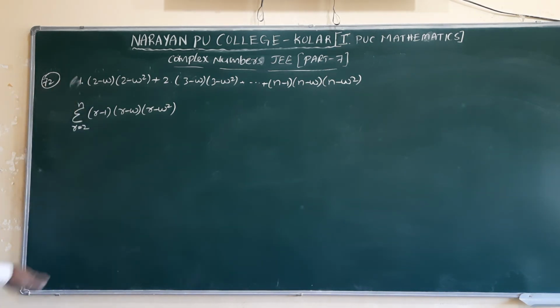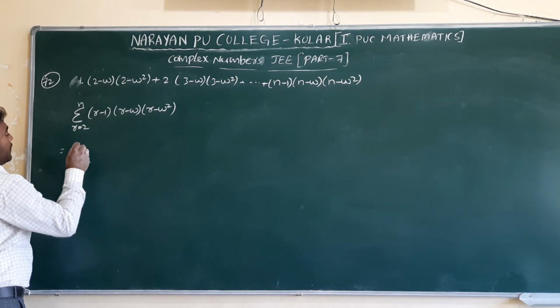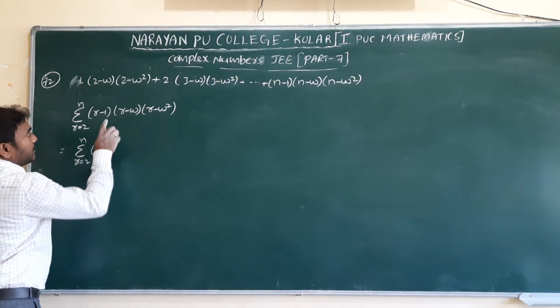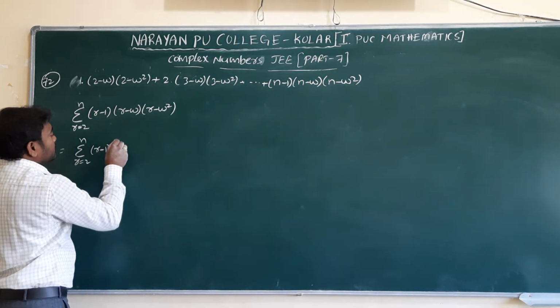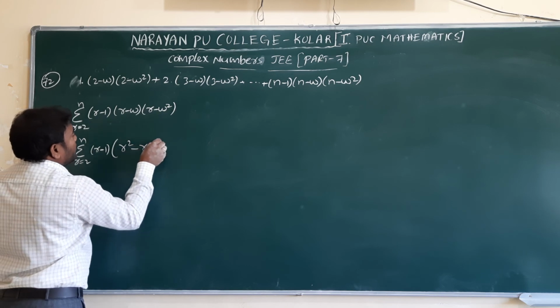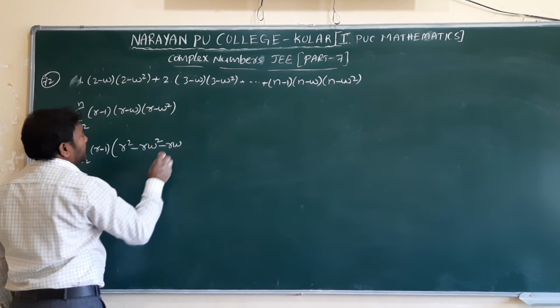Now here, summation r equal to 2 to n, r minus 1, here multiplied: r square minus r omega square minus r omega plus omega cube.